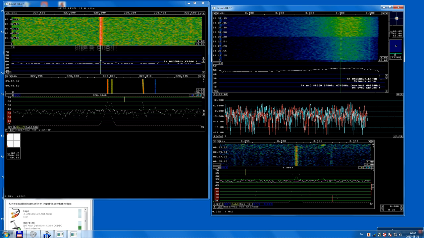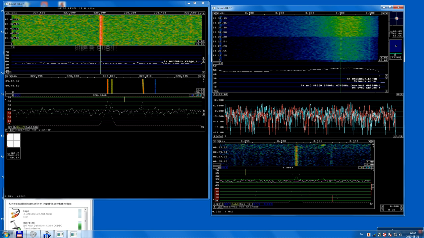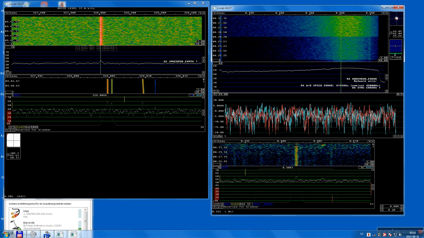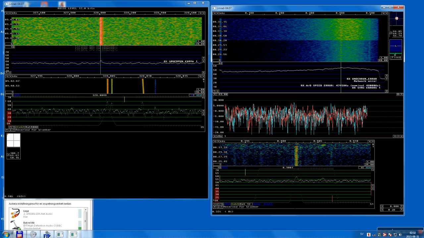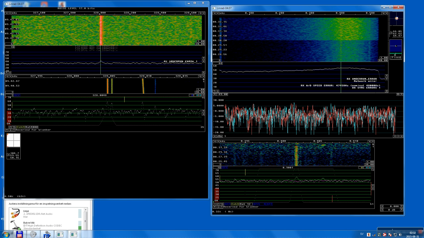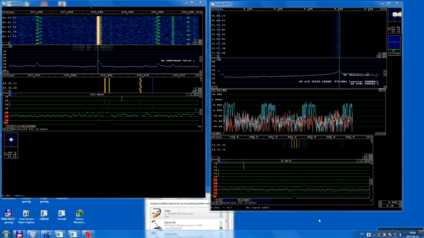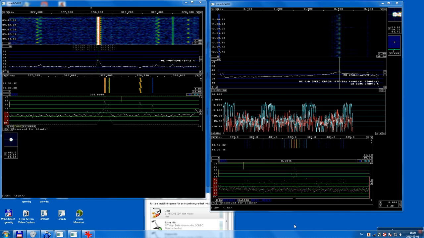Here now it is very hard to copy VJ, or maybe I would say more or less impossible. The resolution of the second instance of Linrad is now much higher.